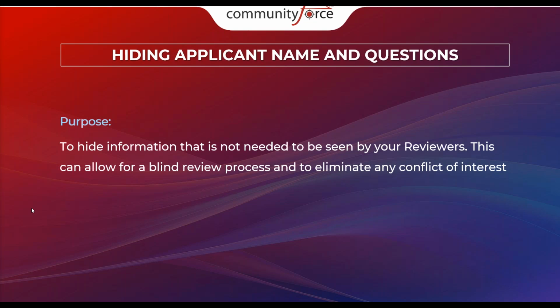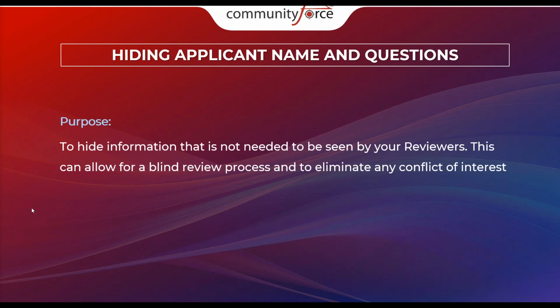That way that solves a conflict of interest. Maybe they might know somebody and they might be more biased towards that person or unbiased towards that person, depending on who they know. And so if you don't want them to know the applicants, then this is going to be beneficial for you, how to hide the data so they don't see any personal information that would identify that applicant.